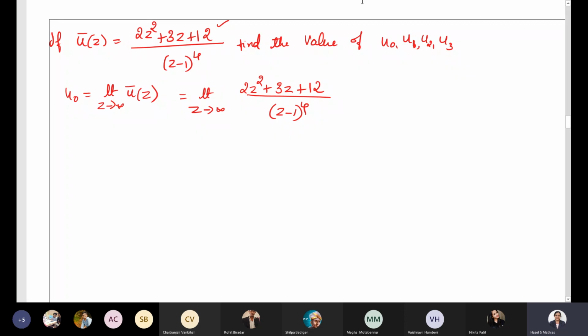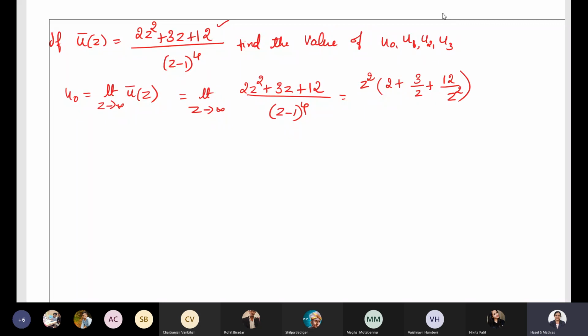To avoid that and find the value, we take Z square outside from the numerator. What do we get? 2 plus 3 divided by Z plus 12 by Z square.